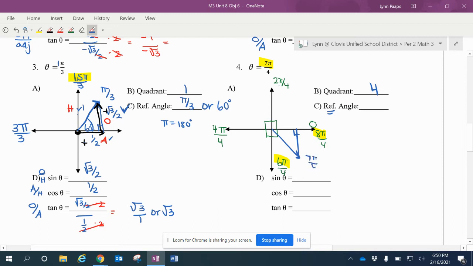So I want to figure out how far apart is 7 pi over 4 from 8 pi over 4, because that's its shortest distance. And 7 pi is only 1 pi over 4 away. And then in terms of degrees, so remember pi is the same as 180 degrees. So 4 goes into 180 45 times. So this will be 45 degrees.